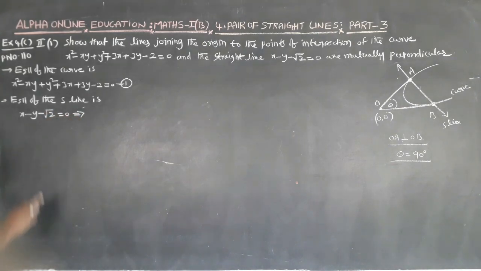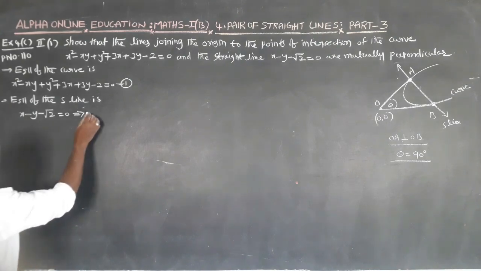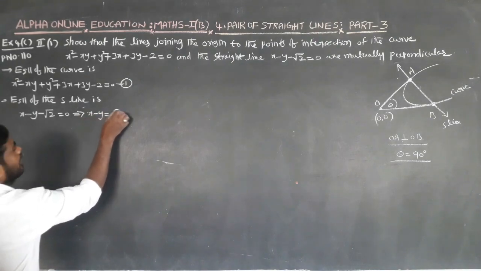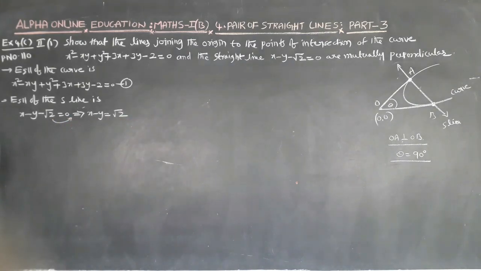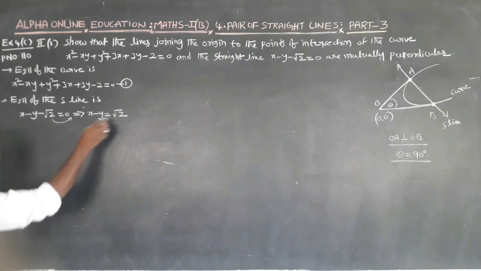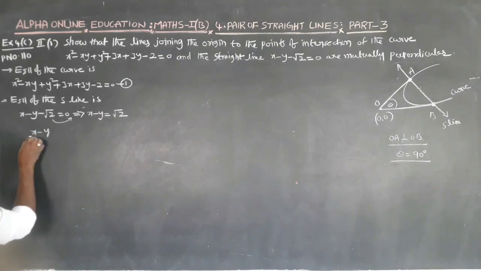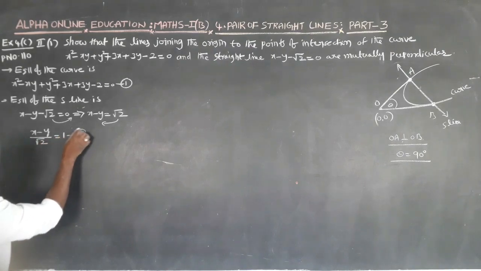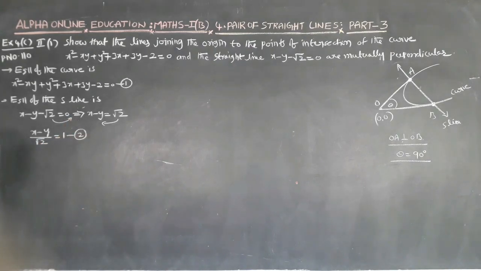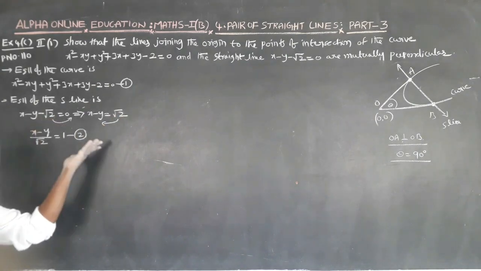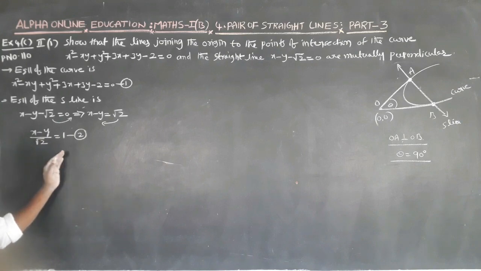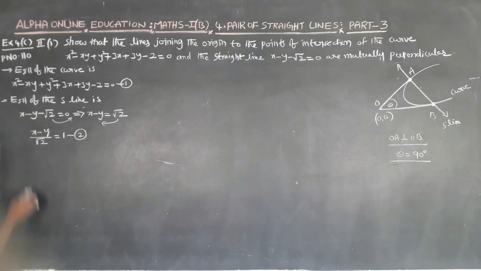Write it in the form x minus y is equal to root 2. Taking root 2 to the right side, minus root 2 becomes plus root 2. Again taking root 2 to the left side, x minus y by root 2 is equal to 1. So the line is transformed into the equal to 1 form.